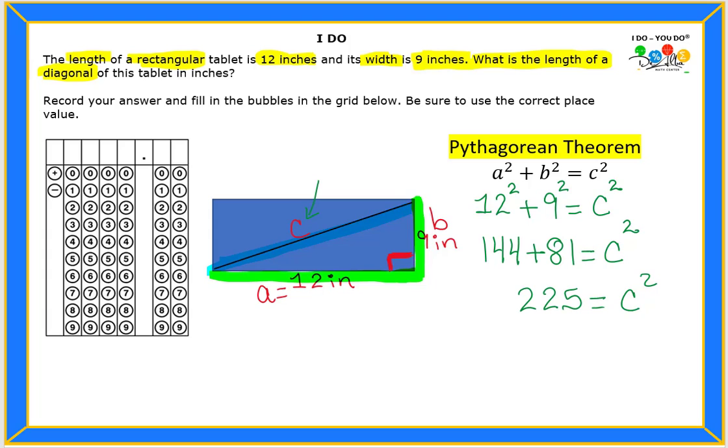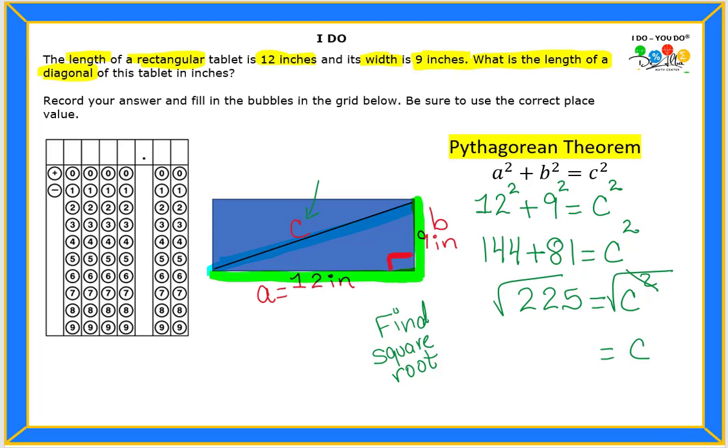And that's going to be one thing that you always need to do in this Pythagorean Theorem. You need to find the square root. So I'm going to find the square root on both sides. By doing that, I cancel my power, and I will get C equals, and now that's the answer that I'm looking for.